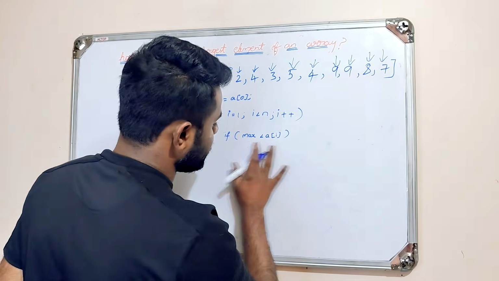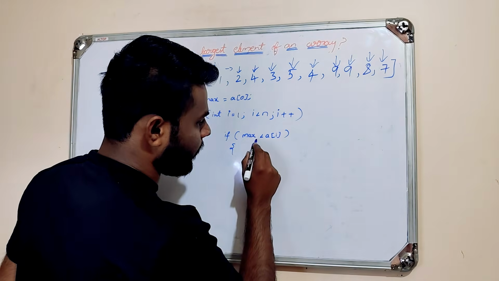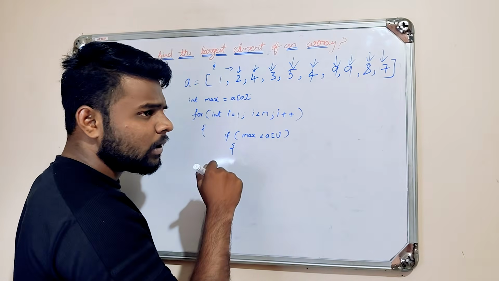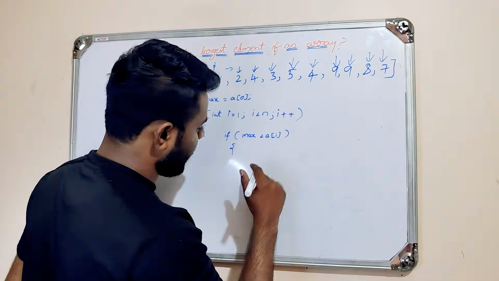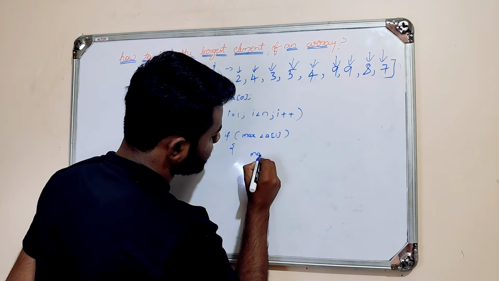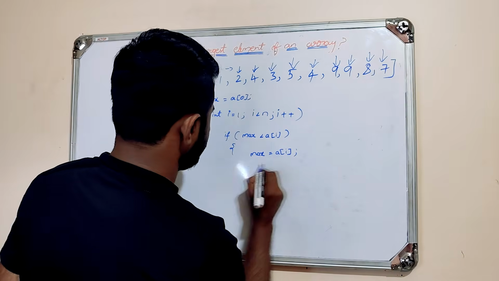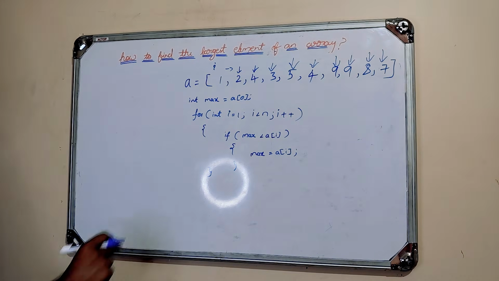Let me say, these both are the same. When the next element is greater than max, we update max. Now this is the maximum. Now max equal to array of i. This is the logic. That's it.